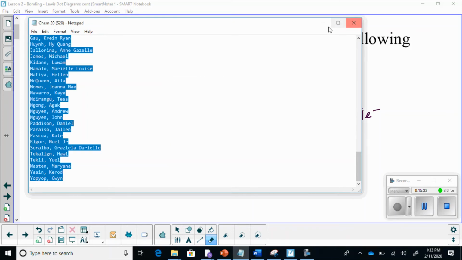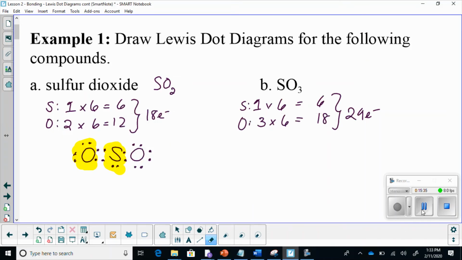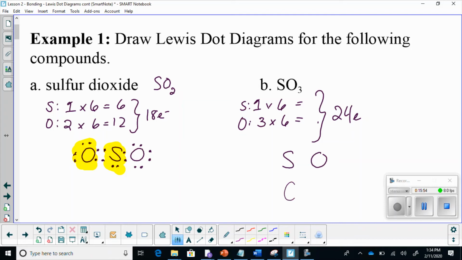Okay, so we have 24 total electrons. So again, we're going to start off with sulfur in the middle, place our oxygens around, and then complete the octet.